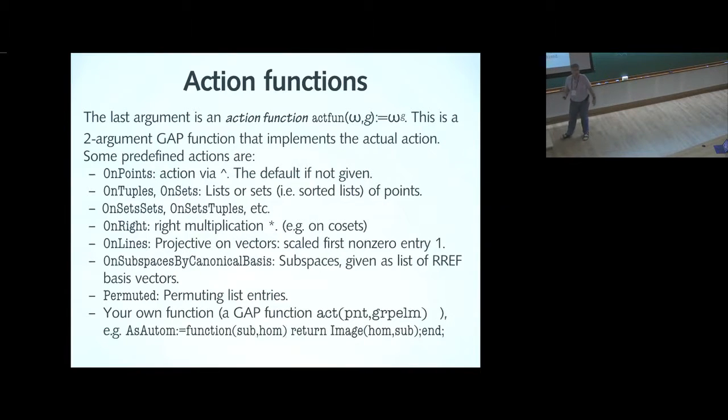So if we want a group of automorphisms acting on subgroups, we would, for example, take this function. Our point would be a subgroup, the acting element a homomorphism, and we define how it shall act by calculating the image. So that would give us a way to do such an image.